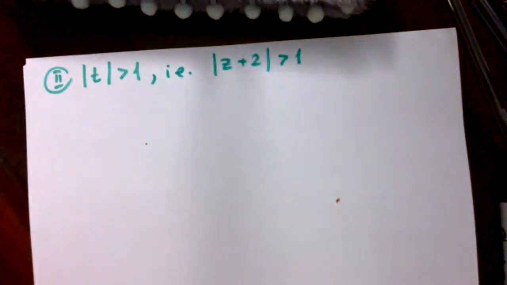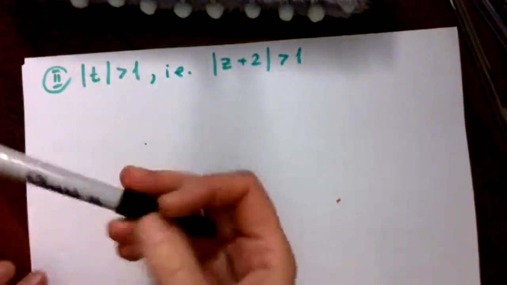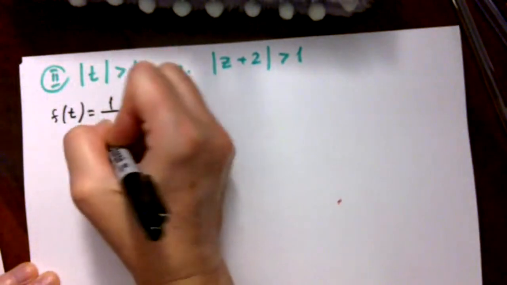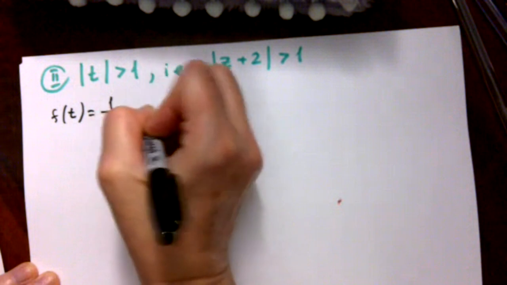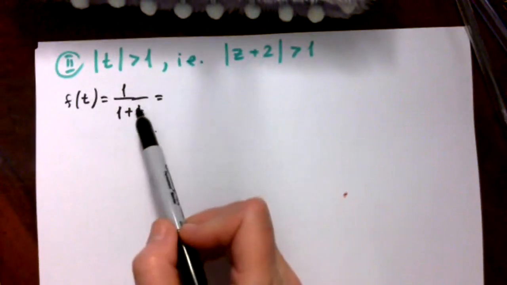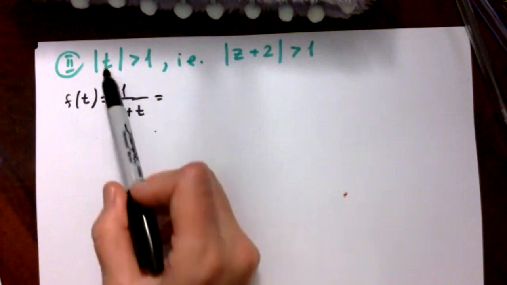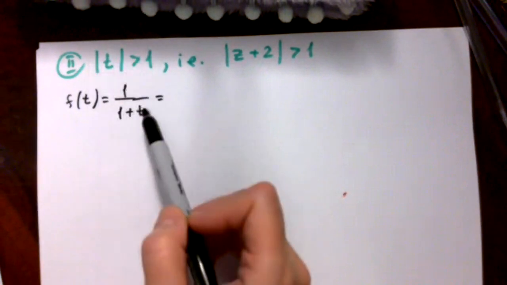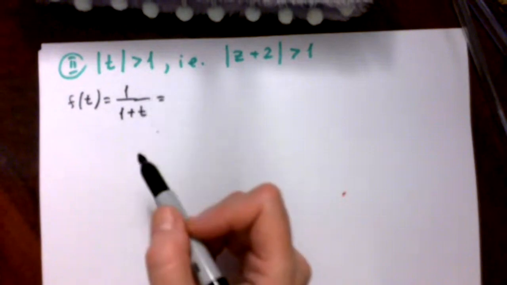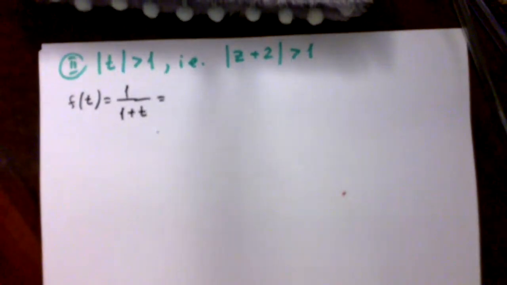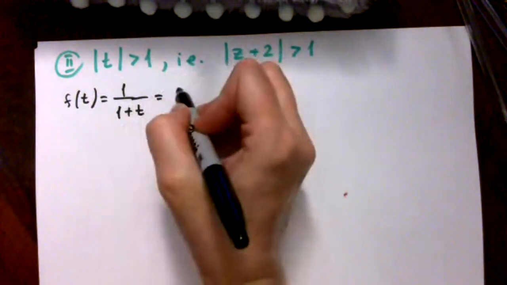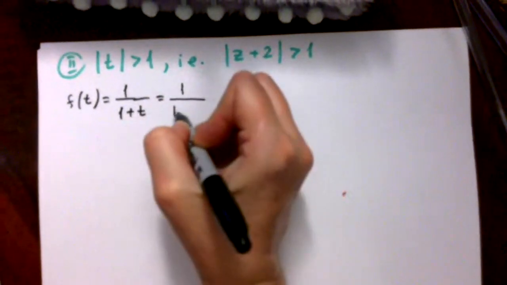Okay, bigger than 1. So I'm copying my function here: f of t is equal to 1 divided by 1 plus t. But now we realize that we are not allowed to use this canonical formula because our t is in this region. It means that this term is bigger than 1, and this is the case when we are not allowed to use this expansion. But you already learned this trick from the previous example. You can do it in a different way.